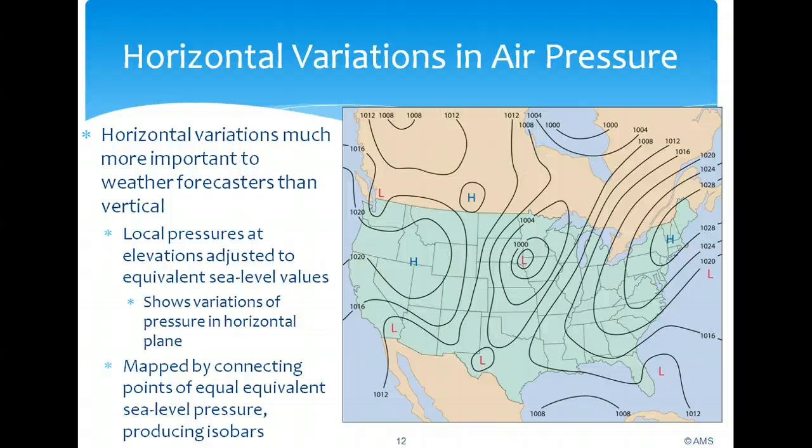Now, these air pressure readings reduced to sea level range in value from one place to another, and we can see by this particular map that the range is not very great, significantly less than the rate at which air pressure drops with altitude.